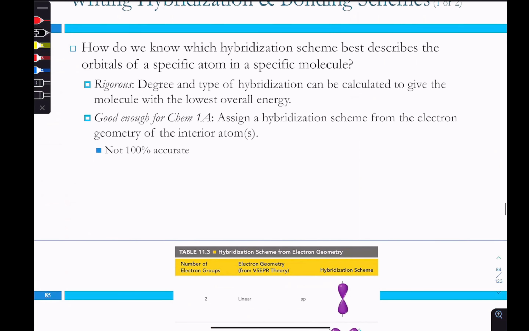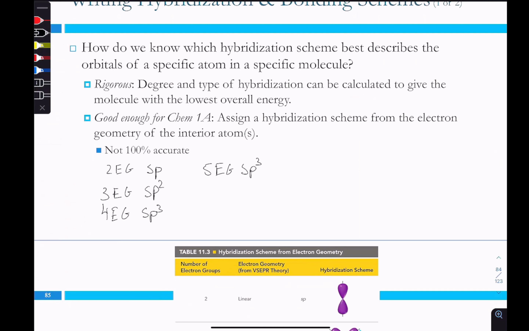And if you really wanted to, you could list these out. So the smallest number we'd have was 2 electron groups. So what would our hybridized orbitals be? sp, if we have 2 electron groups. sp2, with 3. 4 electron groups, sp3. 5 electron groups, sp3d.